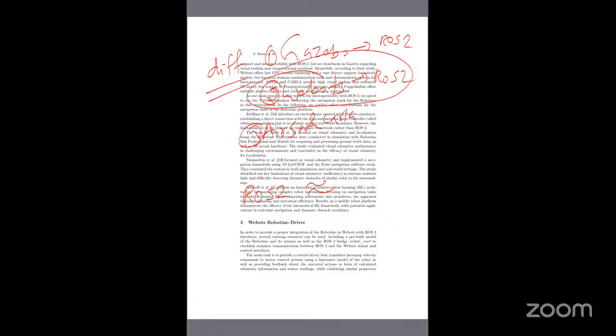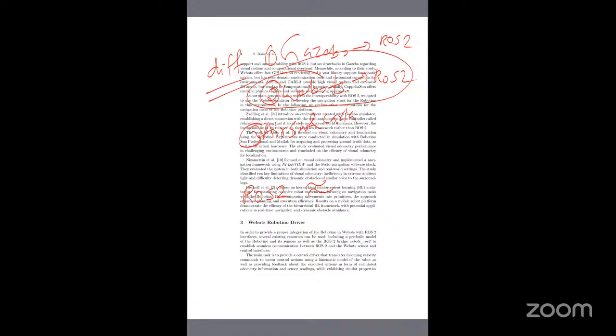The Robotino driver will be the main part of this system. The Robotino driver receives the velocity command, cmd_vel. The topic will publish, for example, linear velocity 0.5 meters per second and angular velocity 0.2 radians per second.